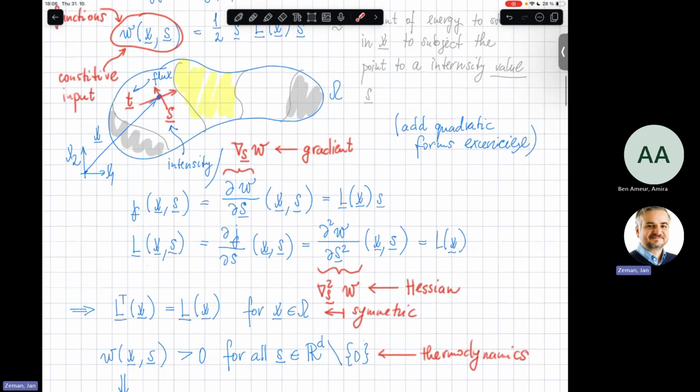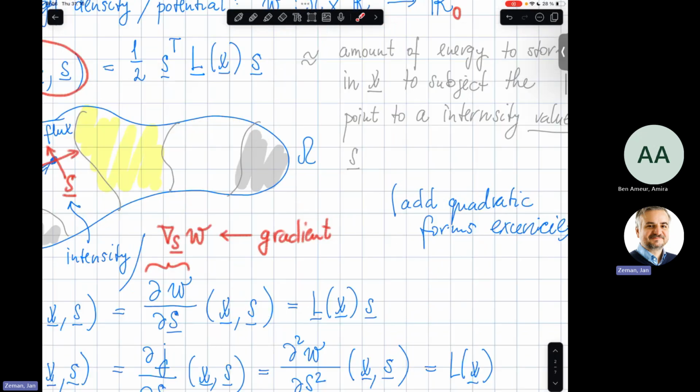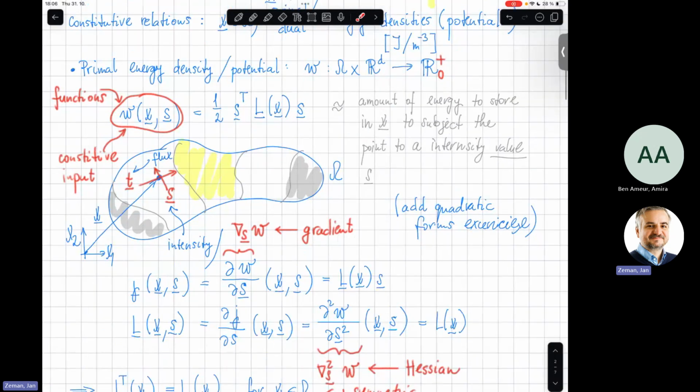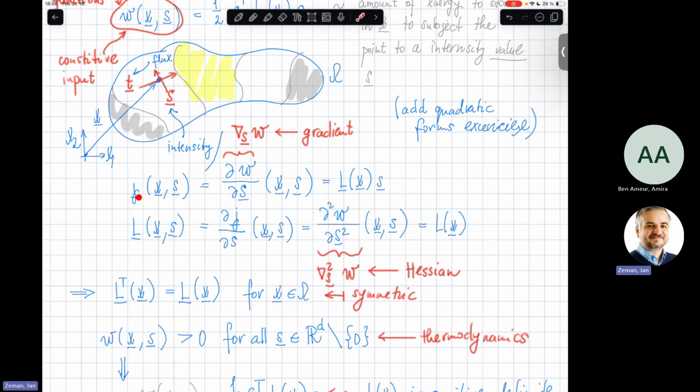And I'm claiming that by prescribing what this W is, I'm giving the full constitutive response, because if I differentiate this W with respect to the second argument, I get the constitutive relation. And if I differentiate the potential twice, I get the stiffness-like coefficients, if you wish.